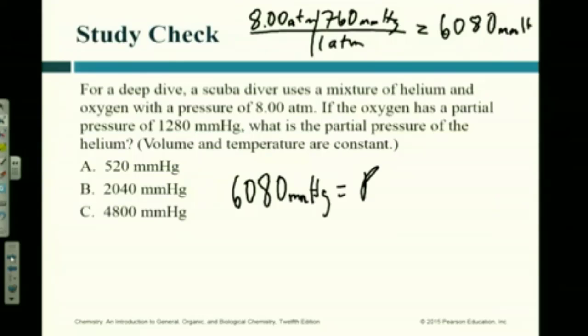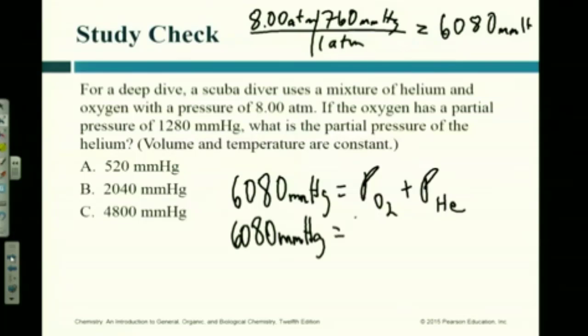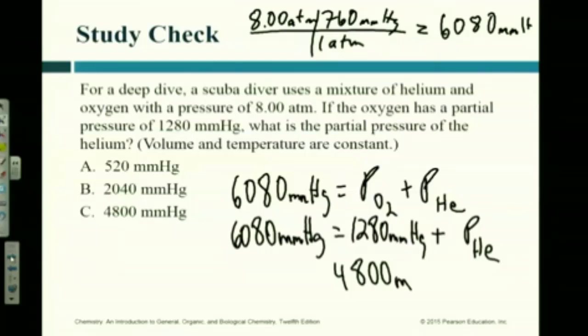Equals what? P from O2 plus P from helium. If I subtract this from that, I get 4,800 millimeters of mercury equals pressure of helium.